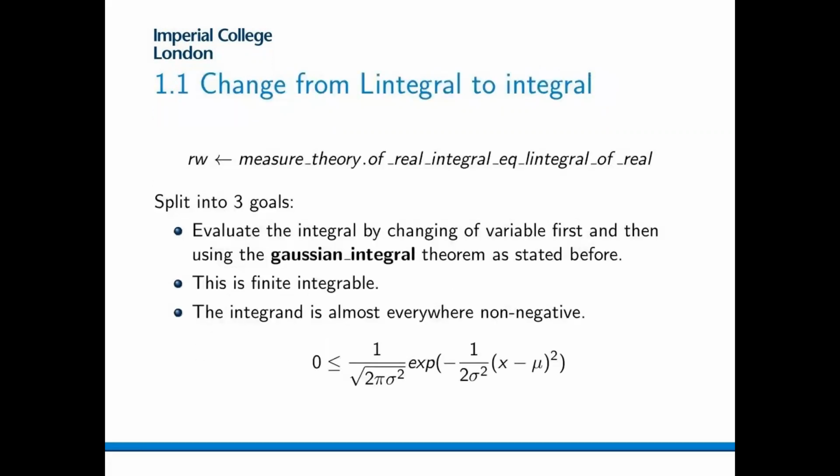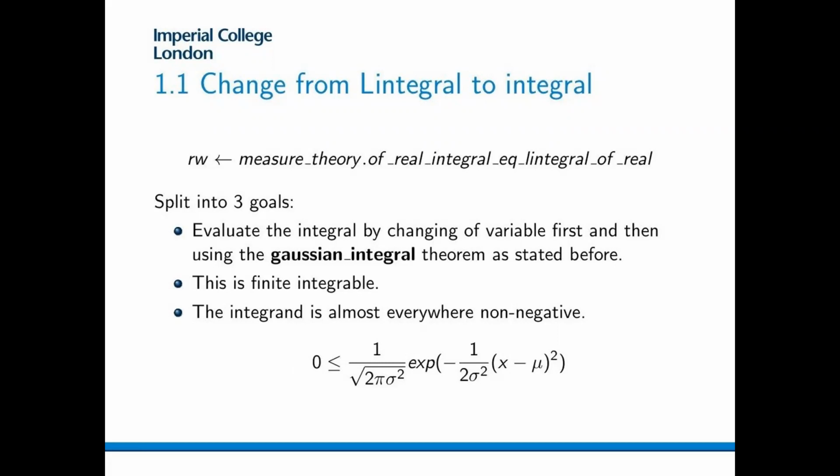So how can we change from lintegral to integral? The command represented here can help us do the trick. However, this command will split the goal into 3 subgoals. The first one is to evaluate the integral by change of variables, and then use the Gaussian integral theorem as stated before to do the calculations. The other two are to prove that it is finite integrable and that the integrand is almost everywhere non-negative.